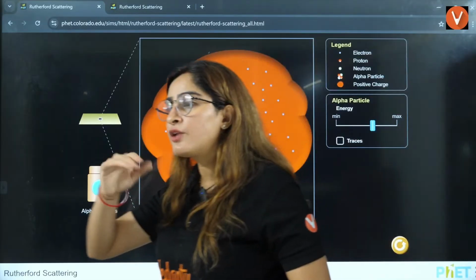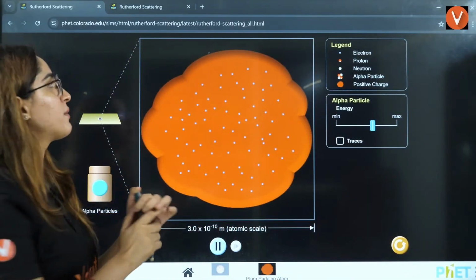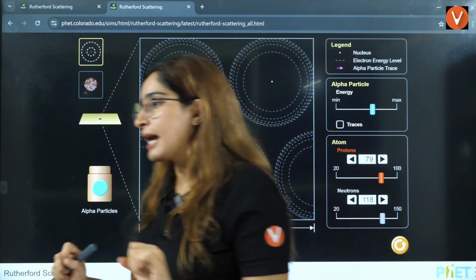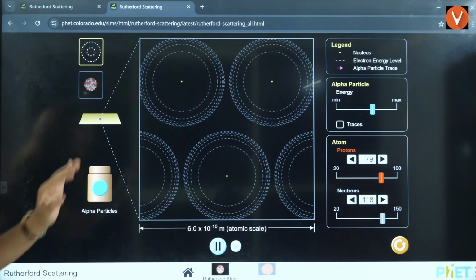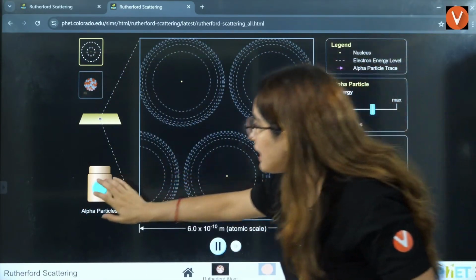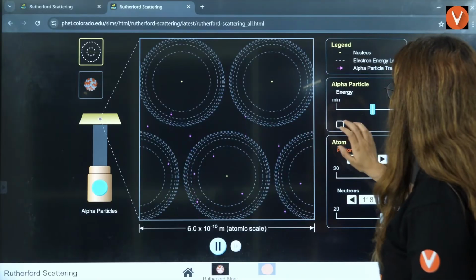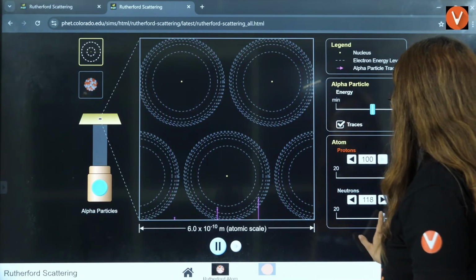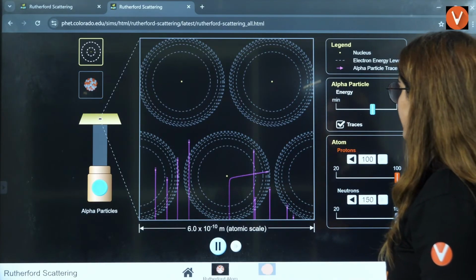So Rutherford was also doing the same experiment. Now I'll show you with the help of simulations what the difference is. When Rutherford was doing his experiment, he threw the alpha rays here and saw the traces, and this is the kind of thing that he observed.